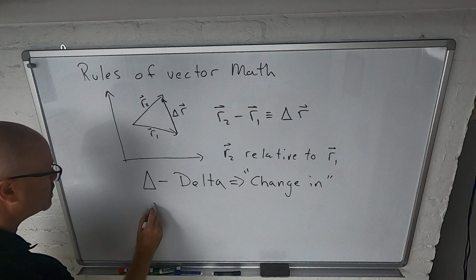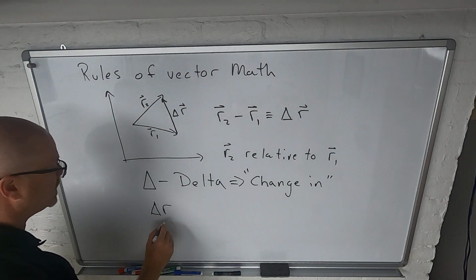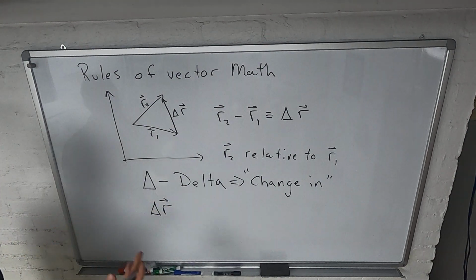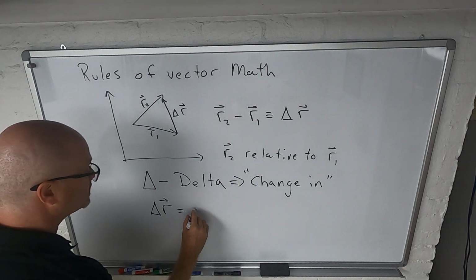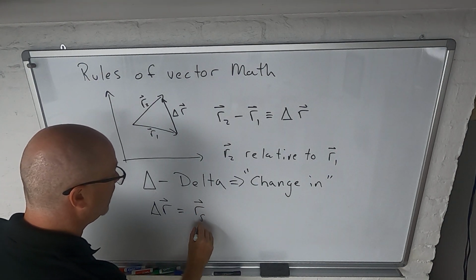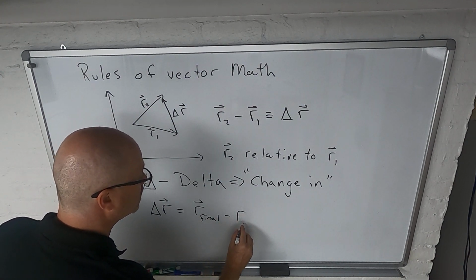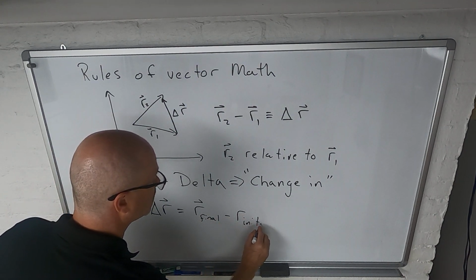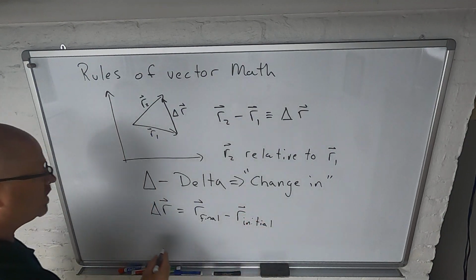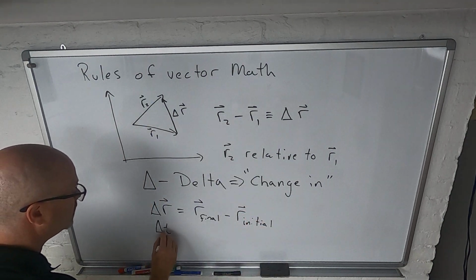And so, like I said, the quantity delta R, if we're talking about things that start and stop, is the R of the final configuration minus the R of the initial configuration. We could also do this for time.